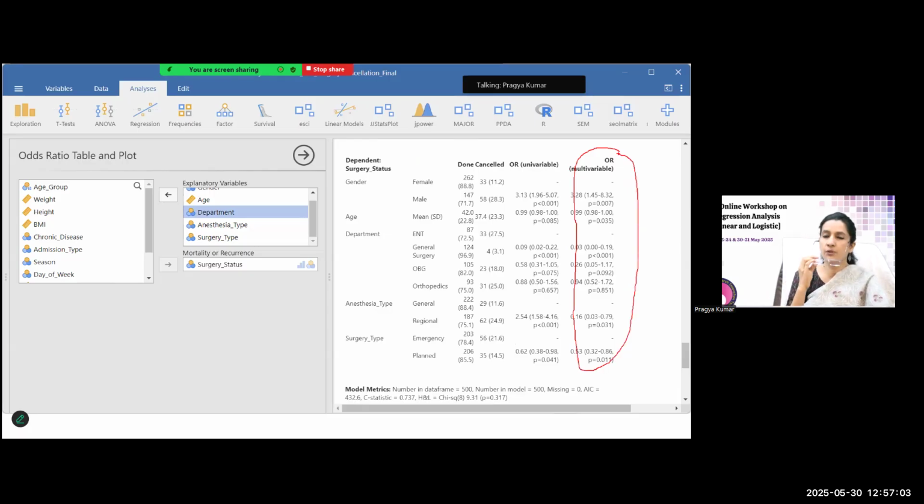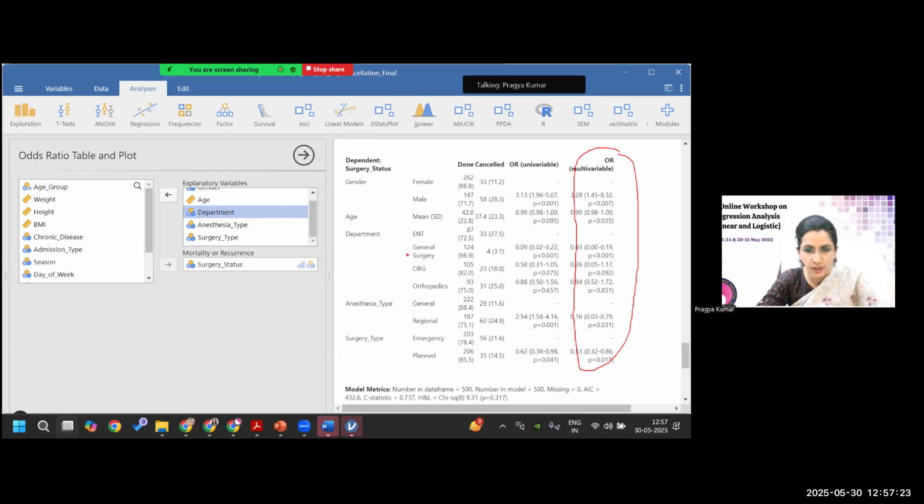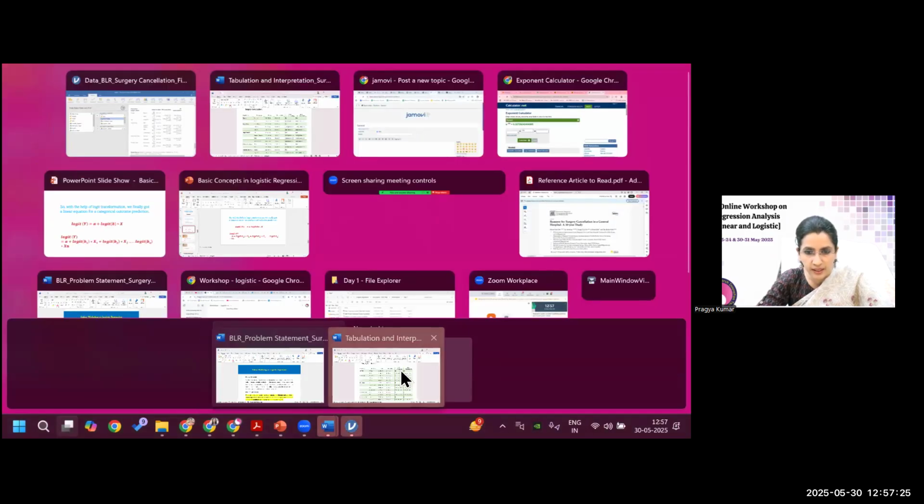Have you understood why in the univariable we have put all the variables but not in the multivariable? You can do that way also, putting all the variables one by one and noting down the value. But from this, it gives you the value at one place, and then you can go and make the table like this.